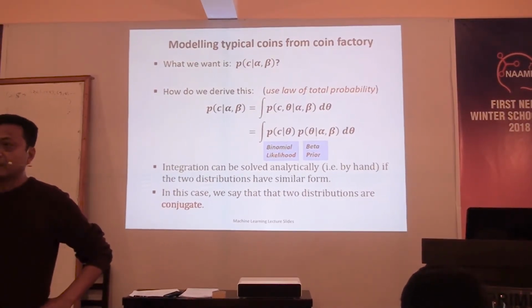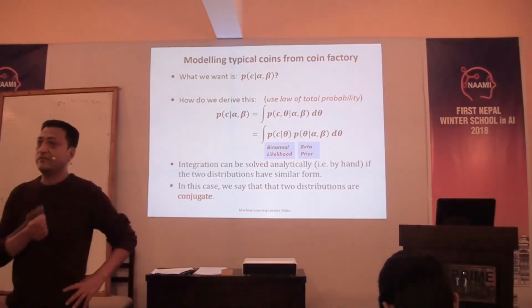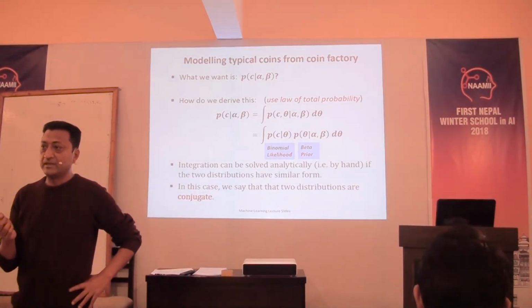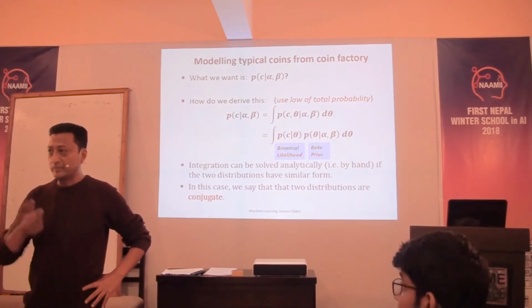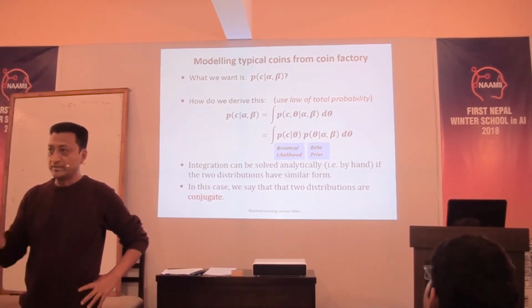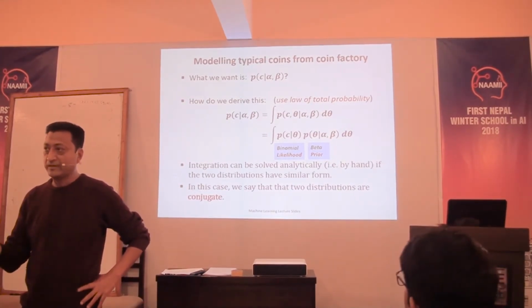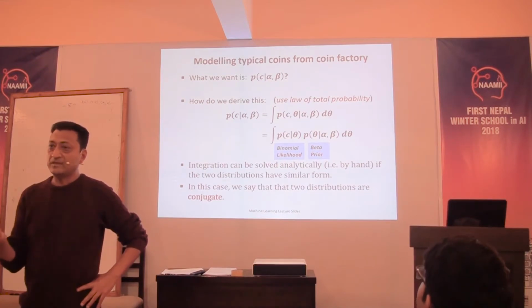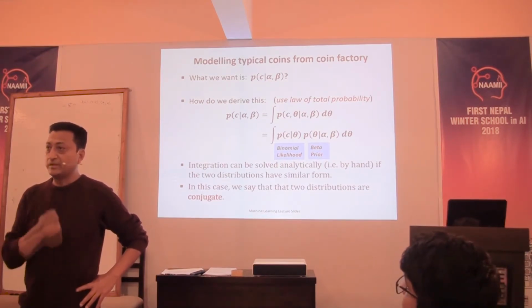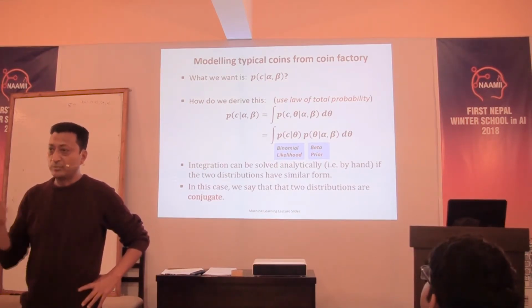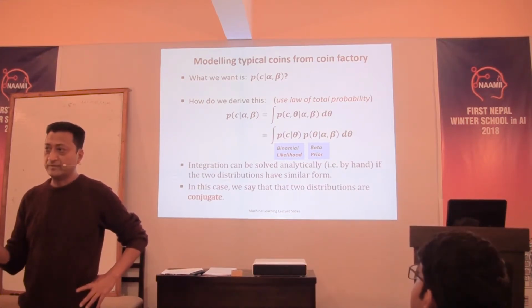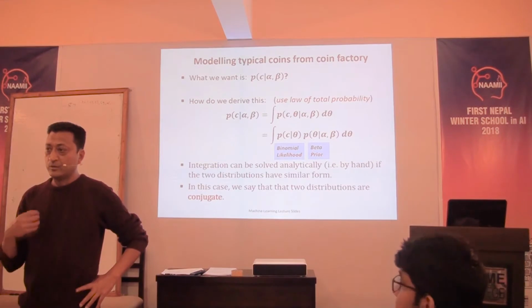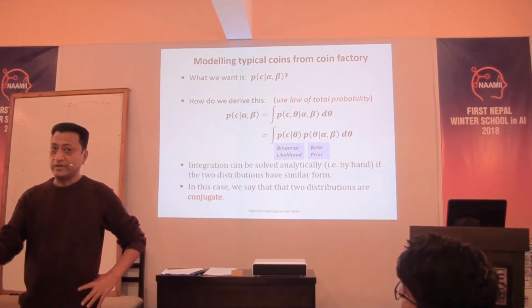What does the theta value tell us? If theta is 0.5, the probability of heads is 0.5, and the probability of tails is 1 minus 0.5, 0.5 again. If theta is 0.6, the probability of heads is 0.6, and the probability of tails is 1 minus 0.6, so 0.4. So I know the theta value for each one of you.